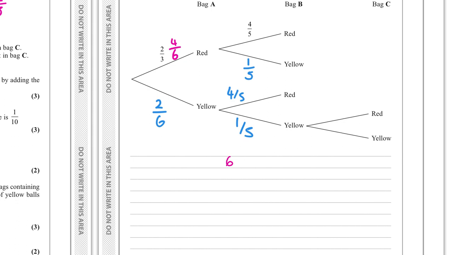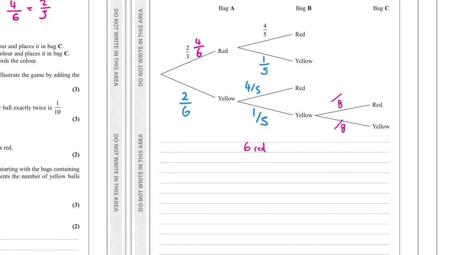Now remember, bag C only contained 6 red balls, okay? Only 6 red. But if we're adding from bag A and B, we technically know there is going to be 8 balls. Okay, that is what we know for sure.